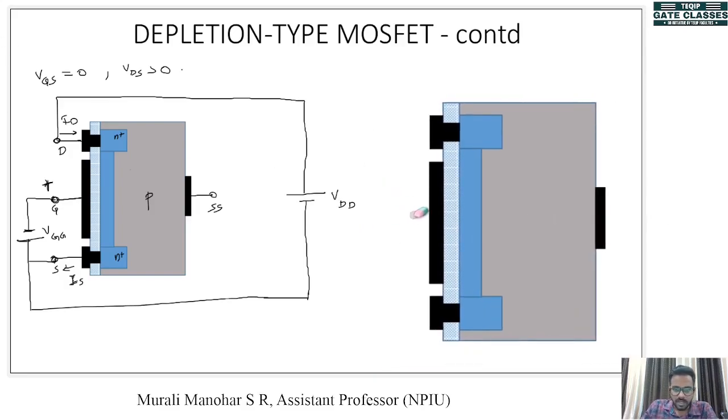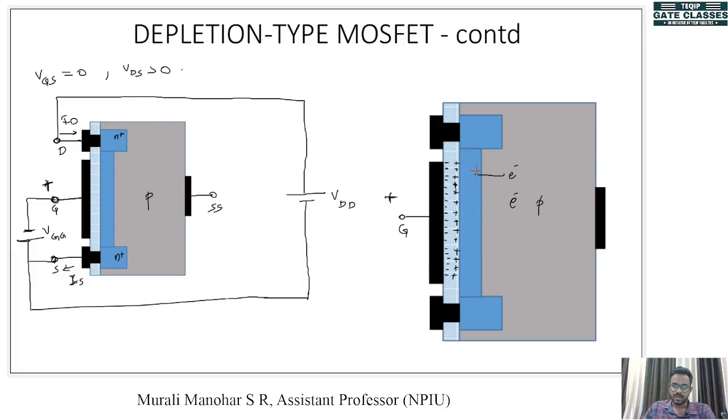So when we apply a positive voltage at the gate, a negative charge accumulates here in the dielectric, and because of this, positive charges are accumulated at this end of the dielectric. And now these positive charges will attract the electrons inside the p layer towards this n channel.